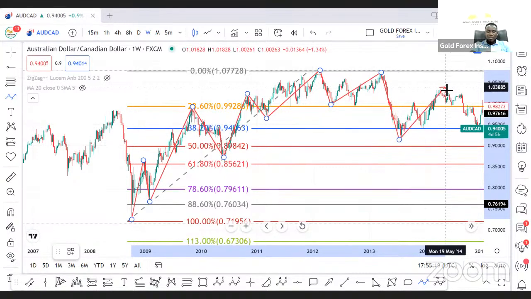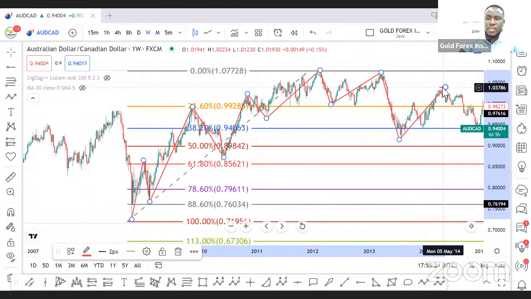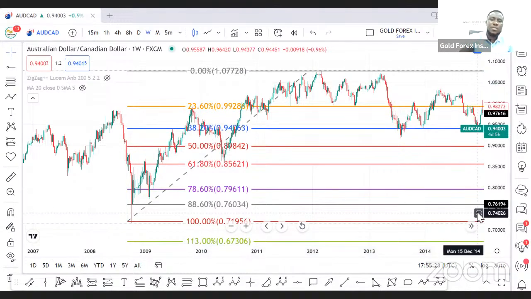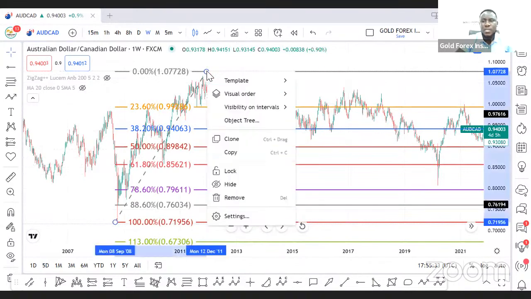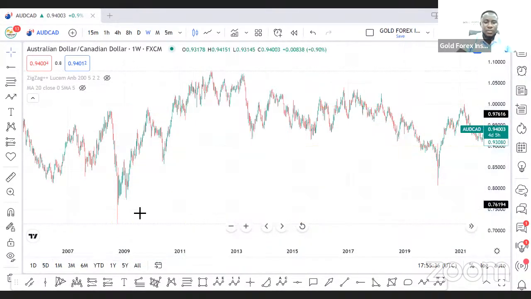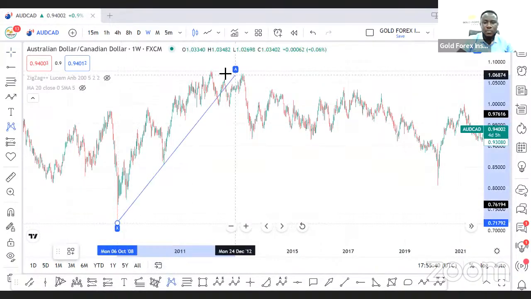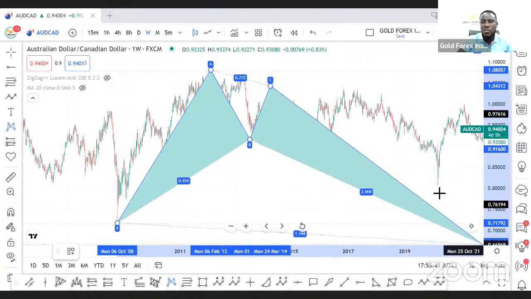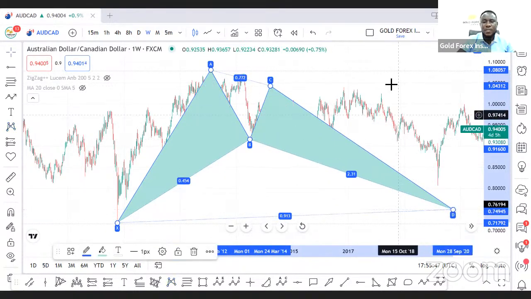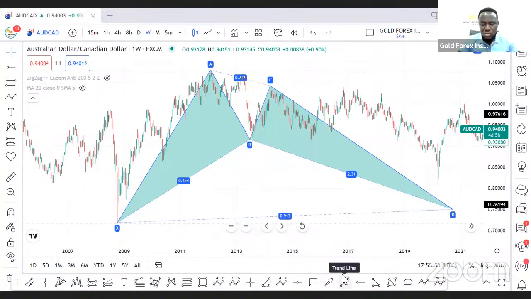So it becomes the B of the harmonic and drop. That's why I use that one as the B of the harmonic pattern. So that means that it has to go to 88 because of the fib level. We just don't use any fib level that comes into our mind.